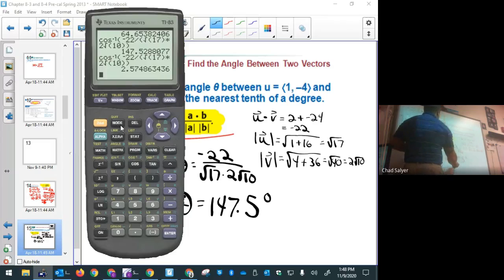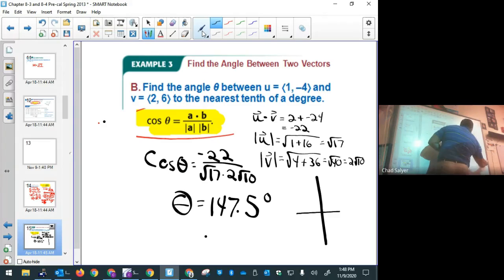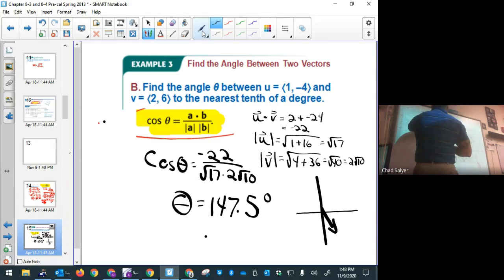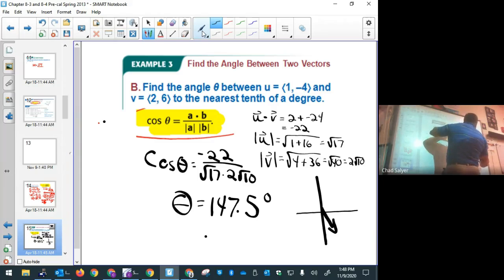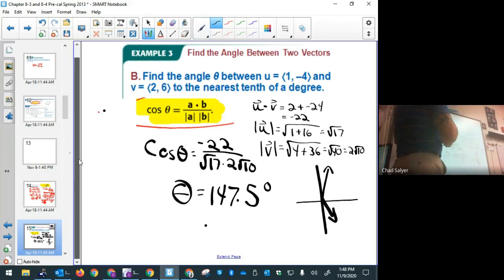Because if I look at the way these vectors are laid out, positive 1, negative 4 would be something like that, and positive 2, positive 6 would be something like that. So does it make sense that this is 2 degrees? No. So you may want to graph them to consult the graph for plausibility. If it's a test question, maybe it'd be worth that much time.